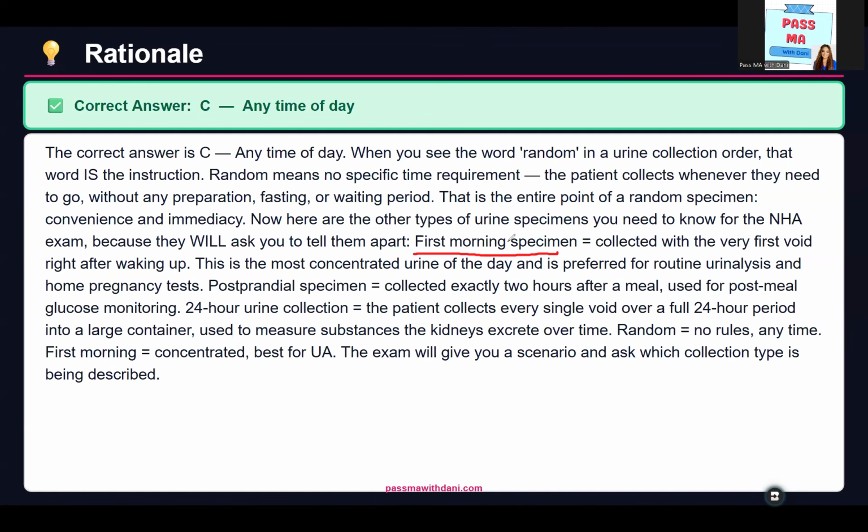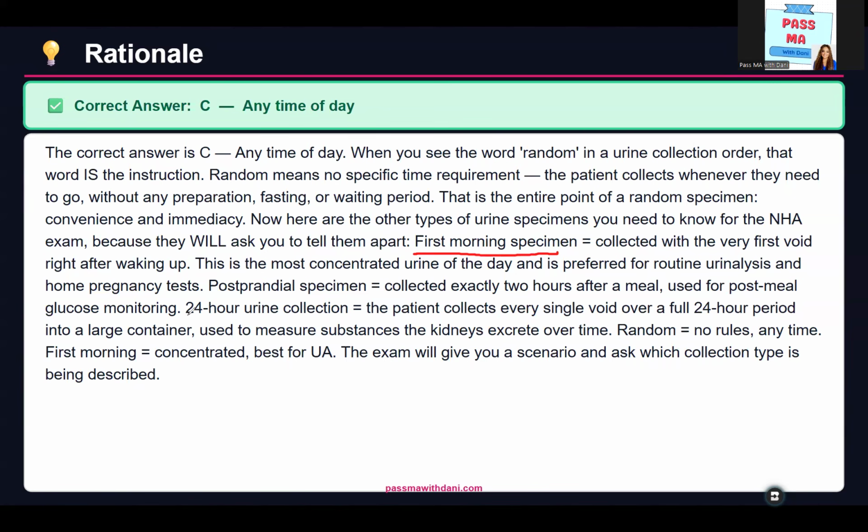If you're doing a urine pregnancy test on a patient, remember, pregnancy tests are also called HCG tests. You are looking for HCG in the patient's urine. That's the pregnancy hormone. If pregnancy is detectable, that HCG hormone will be there. Best time to test for it, first thing in the morning when the urine is the most concentrated.